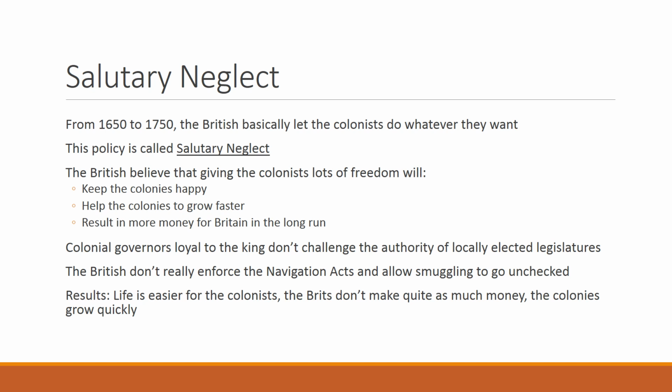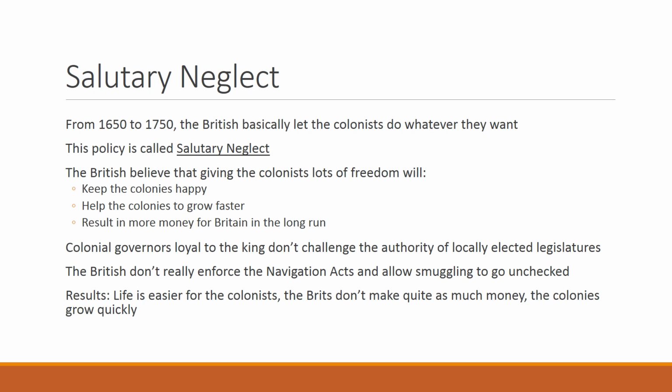And if they had wanted to, the British could have been real jerks, and they could have basically forced the colonists to do whatever they wanted, and forced the colonists only ever to trade with the British. But they decide not to do that. And that's because they adopt a policy known as Salutary Neglect. And so basically from 1650 to 1750, the British decide to let the colonists do whatever they want.